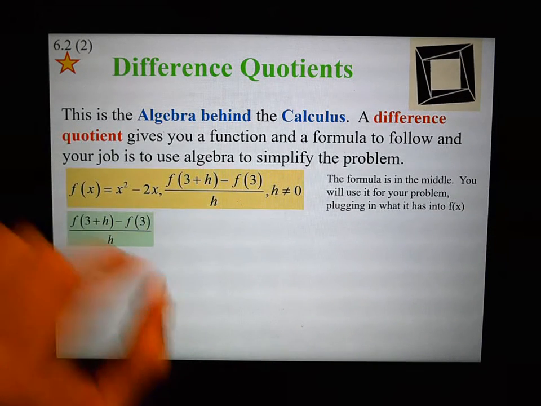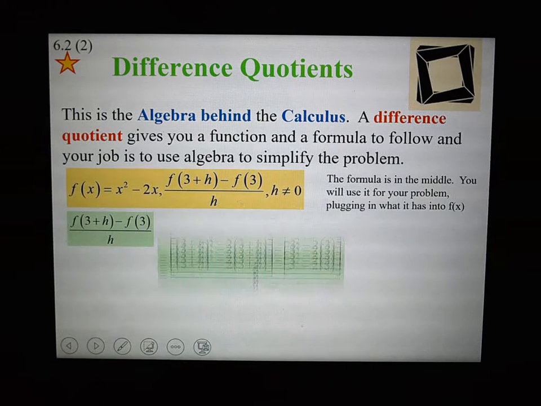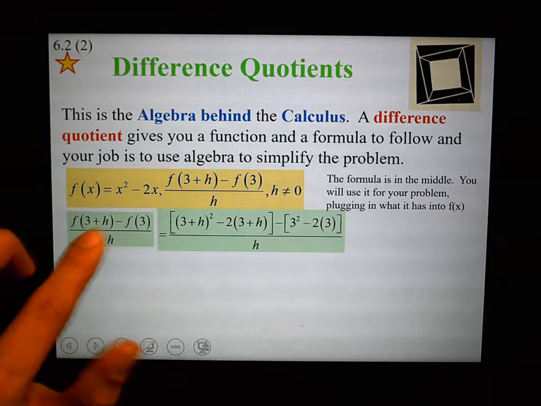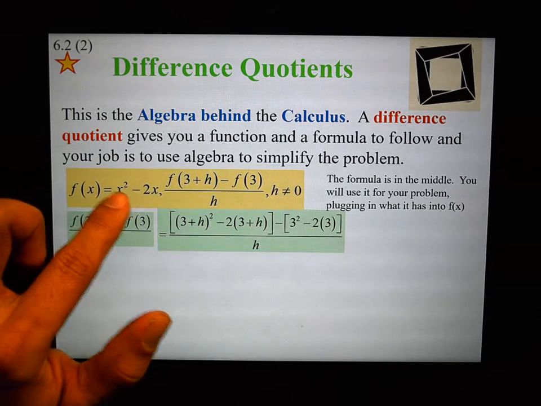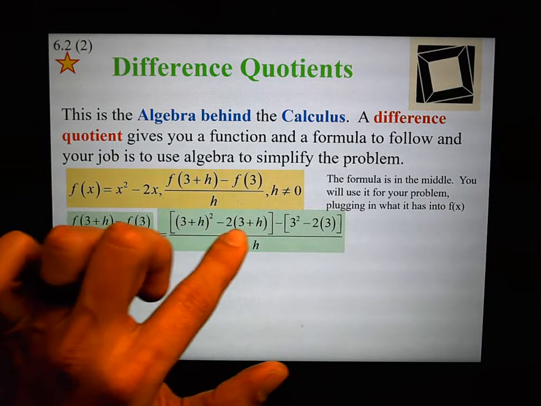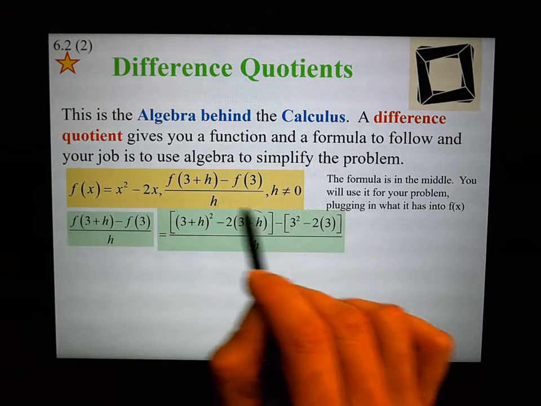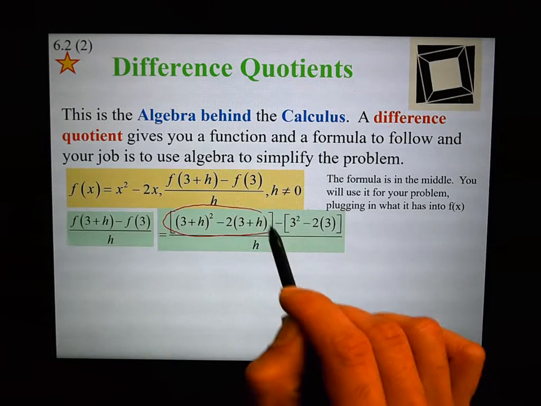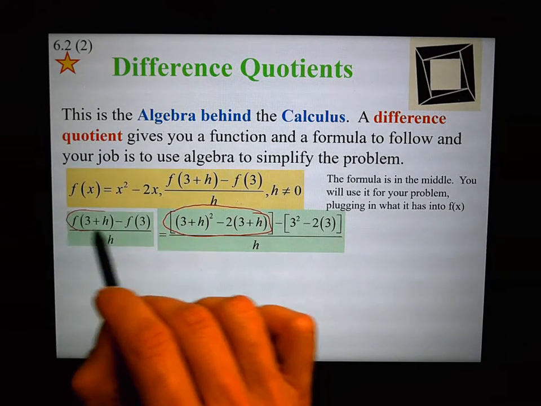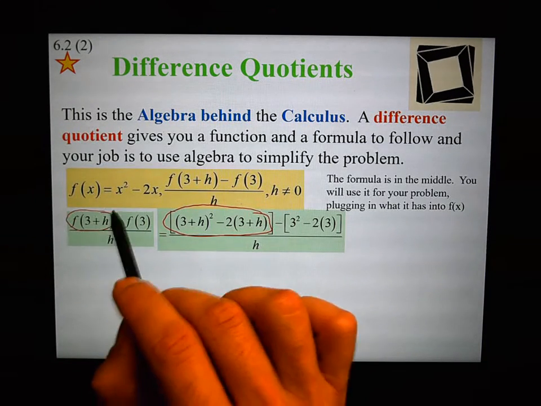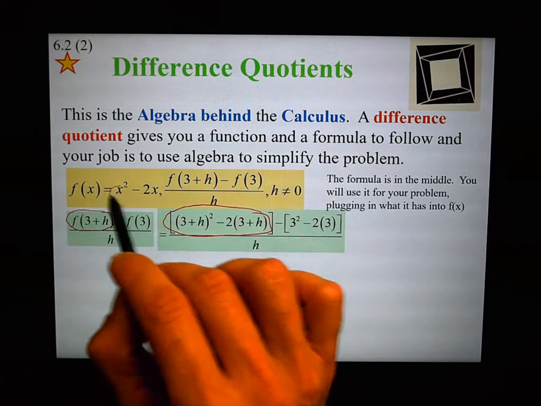So I want you to see this. I think I have it. I have the 3 plus h squared minus 2 times 3 plus h. This piece right here is the same thing as this piece. Plugging in the 3 plus h into this piece and this piece of our function.